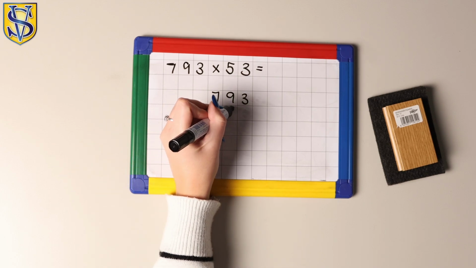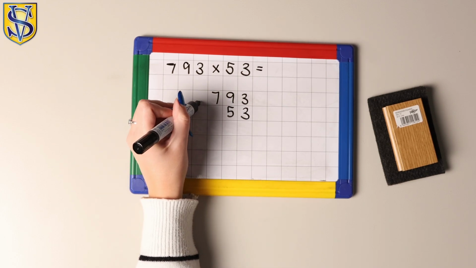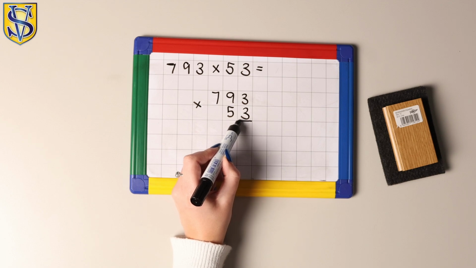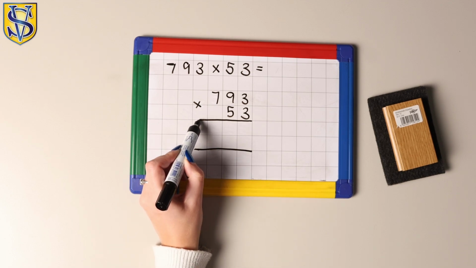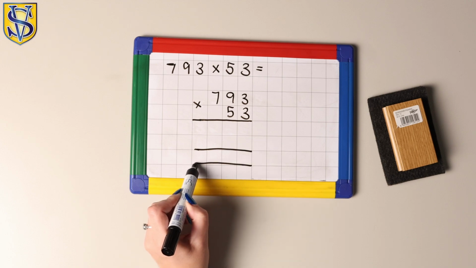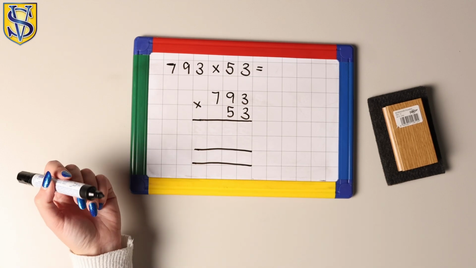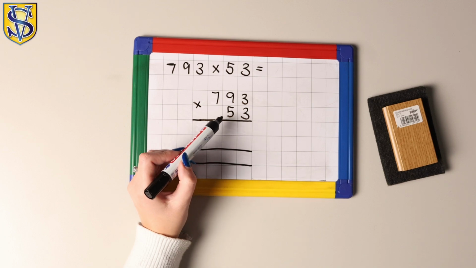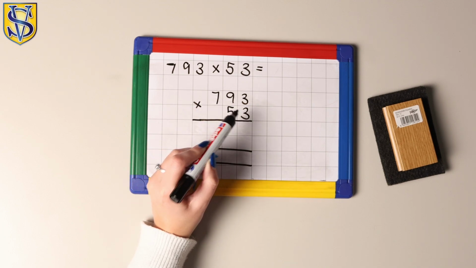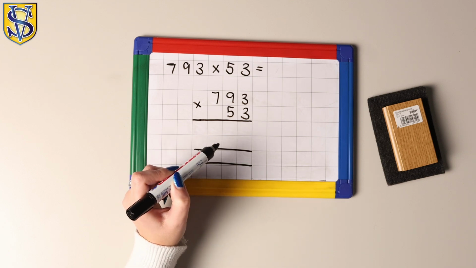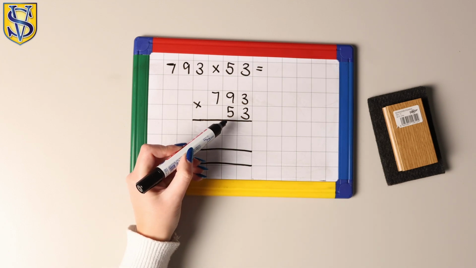793 times by 53. And in this case, you need to leave 2 spaces and a gap underneath for the answer. Now, as you're going to be doing 793 multiplied by 53, we might end up reading it as just a 5.